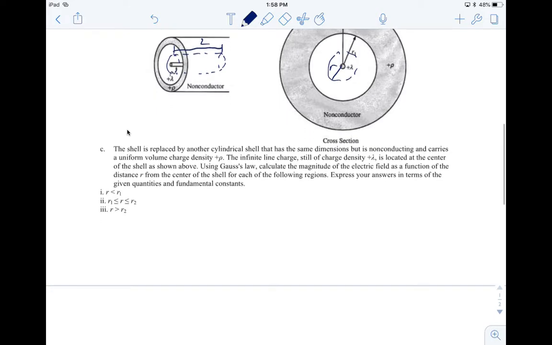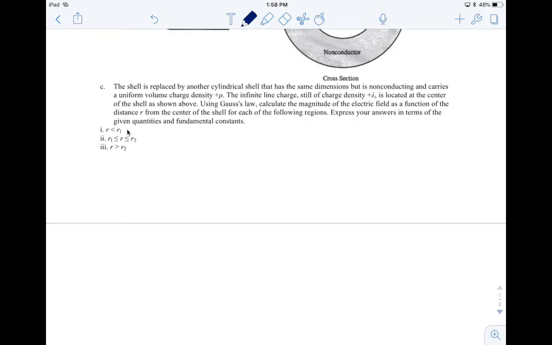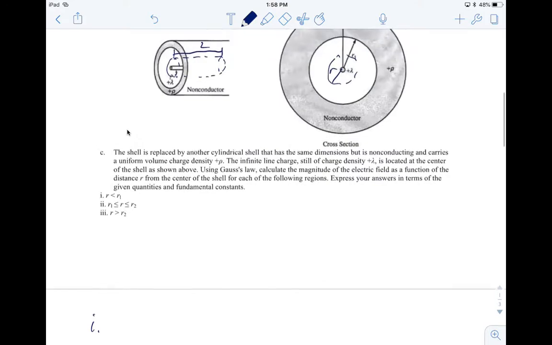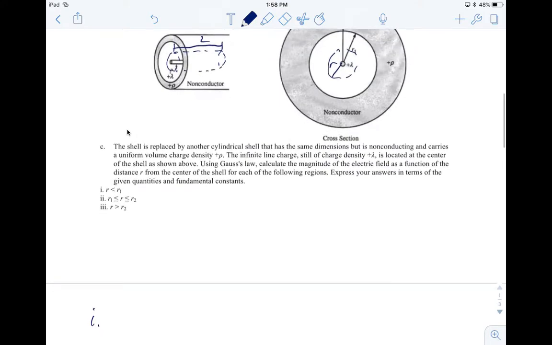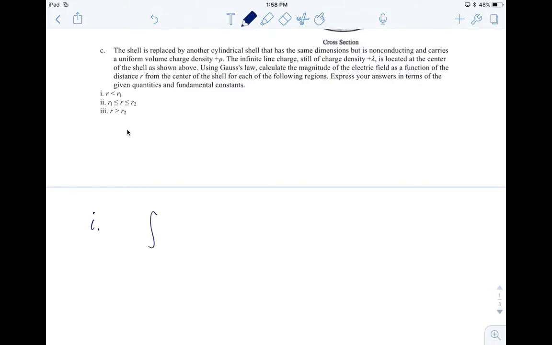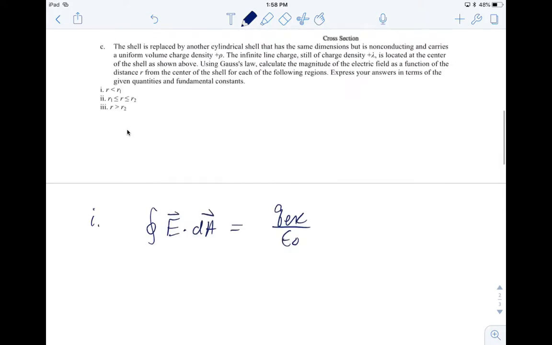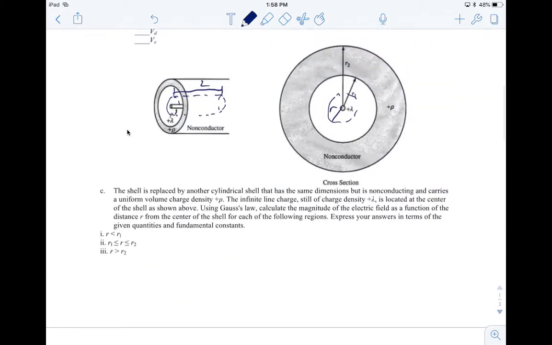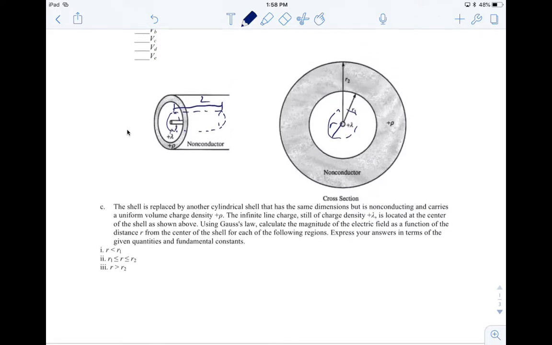For part I, we're going to use closed integral E dot dA equals Q enclosed over epsilon naught. The left side of the equation, notice that the electric field only goes through the wall of the cylinder.